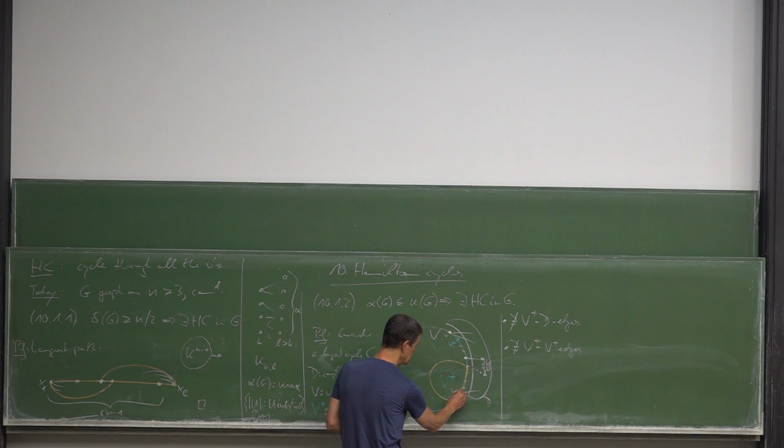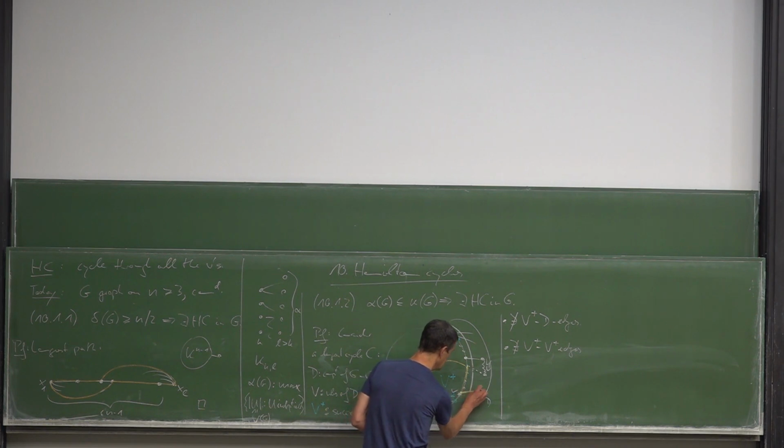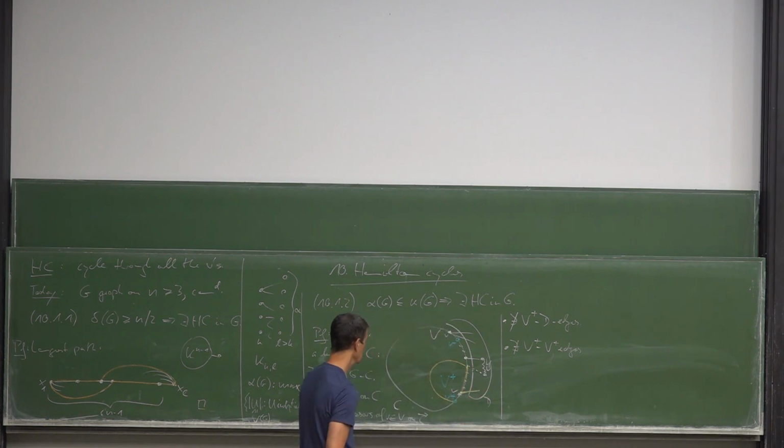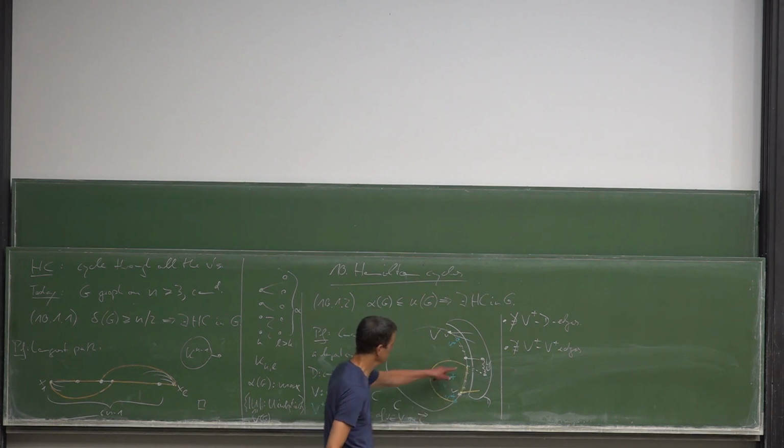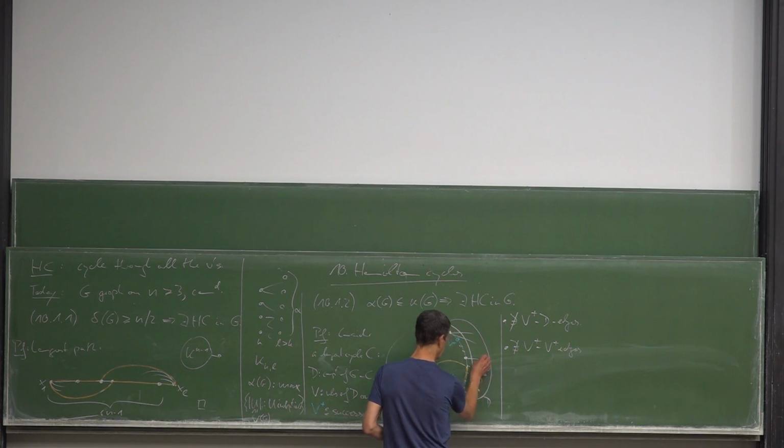From this vertex, we go to the little v that belongs to the other v plus. Then we go into that component. Then in that component, we find a neighbor of the little v that belongs to the first v plus.